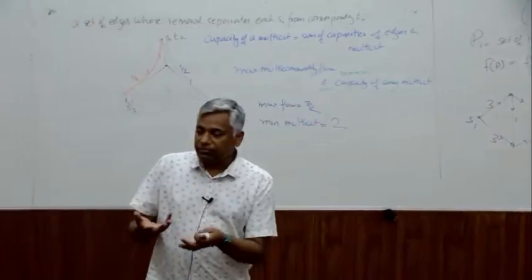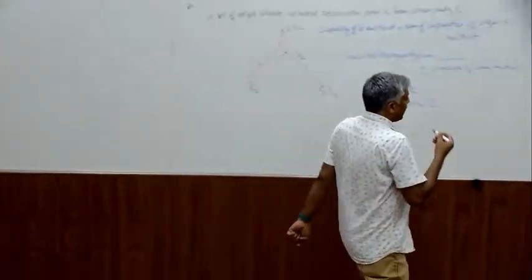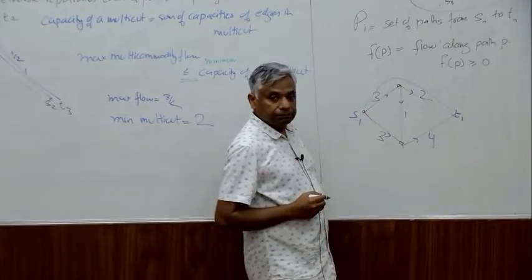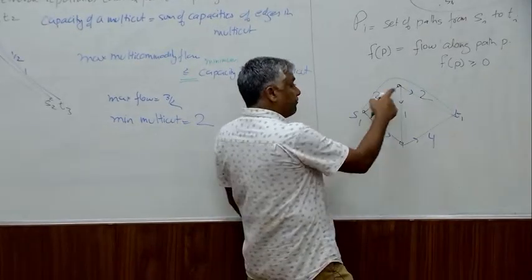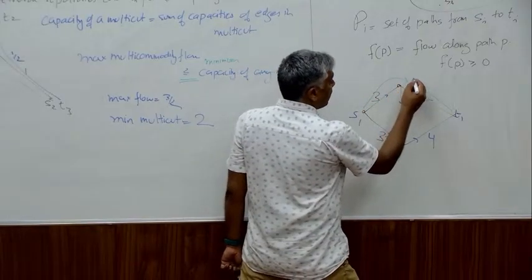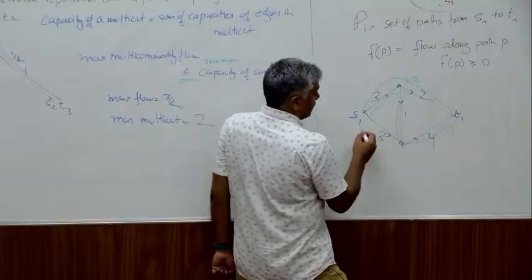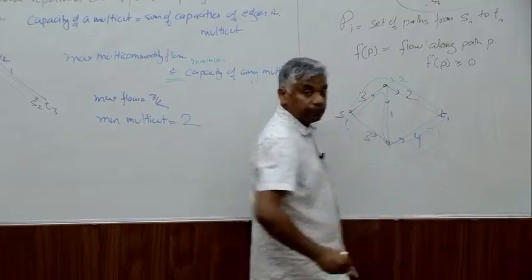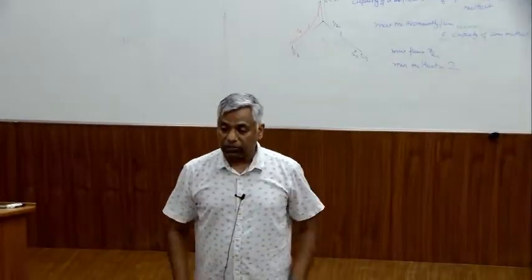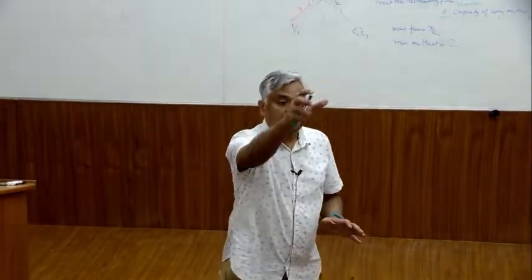There is another way of thinking of this flow, and that's called the path decomposition. I think of it as 2 units went like that. It's not that every edge on this path is carrying 2 units of flow; some are carrying 2, some more. But 2 units went like that, 1 unit went like that, and 3 units went like that. Again, take the example of cars: the flow is the aggregate number of cars, but these were physical cars going from here to there.